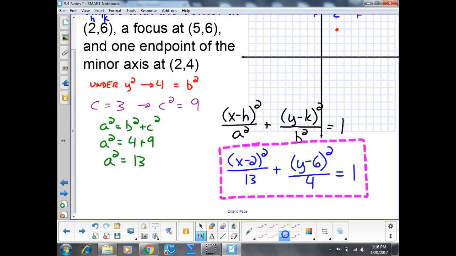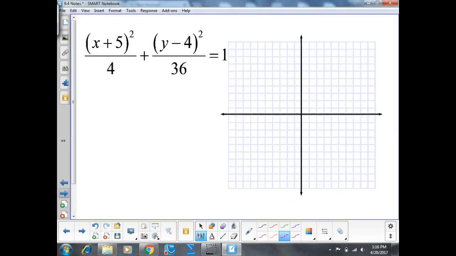Okay. This one's a graph. Graph this one. Center is where? Negative 5, comma 4. 1, 2, 3, 4, 5. 1, 2, 3, and 4.